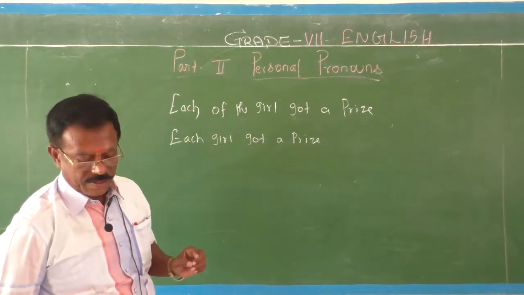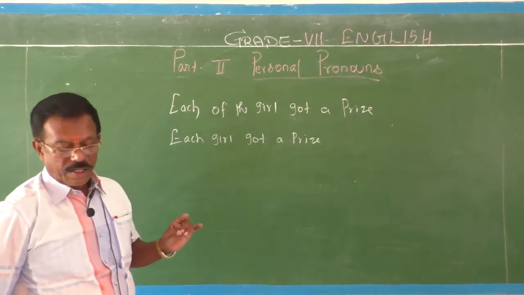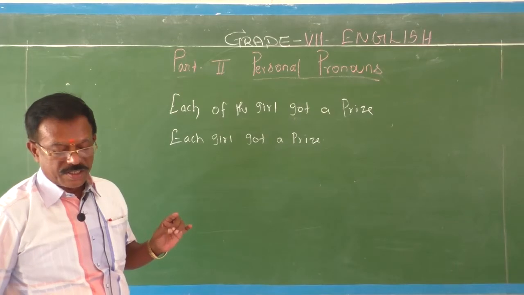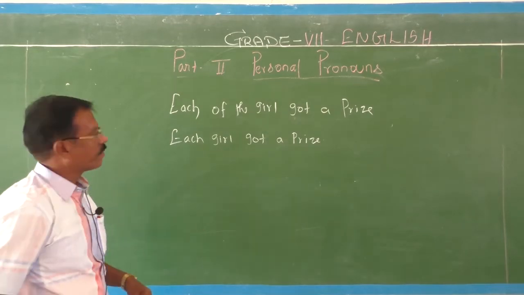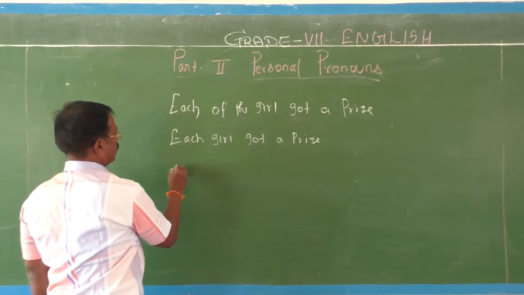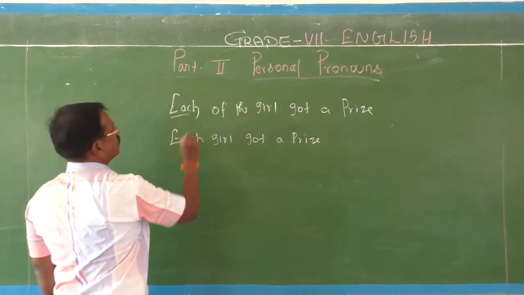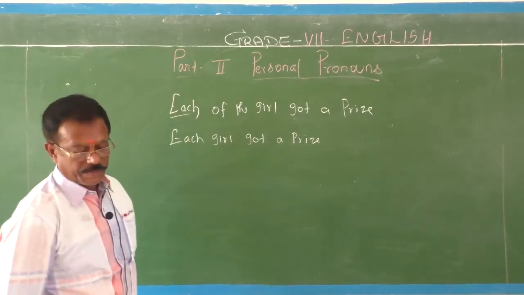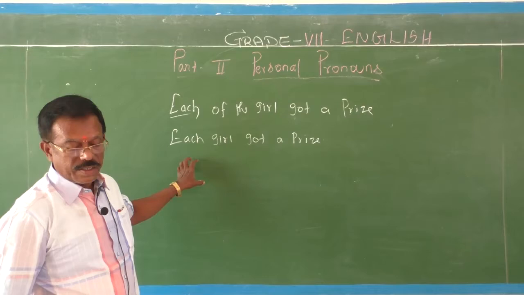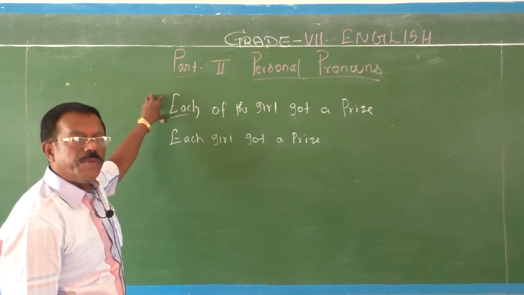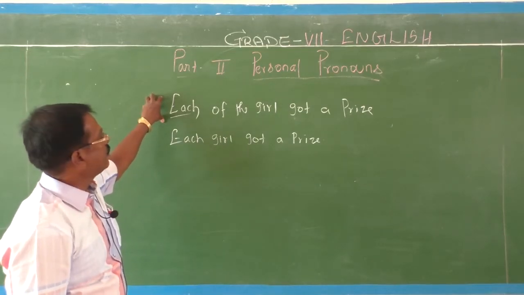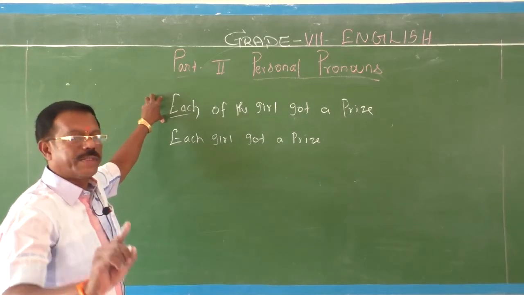Okay, children, see, there are shady trees on either side of the road. See, each of the girl got a prize. In the first sentence, each is used as a distributive pronoun because it refers to only one at a particular time.